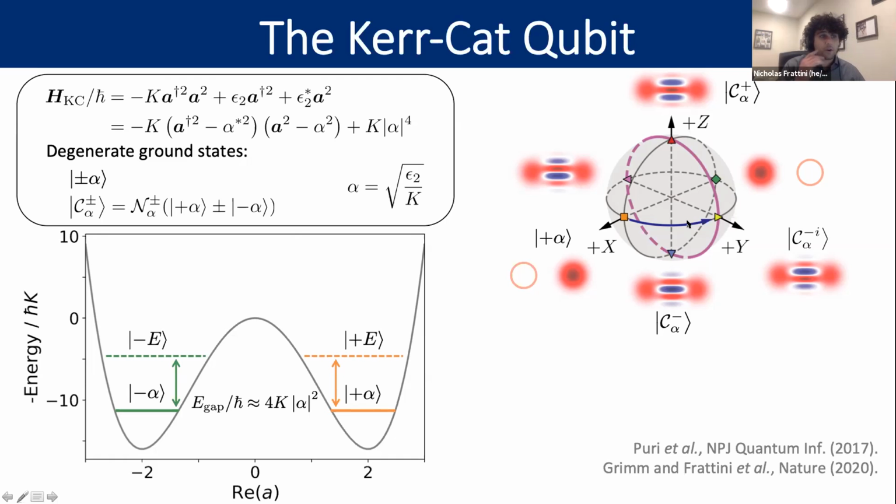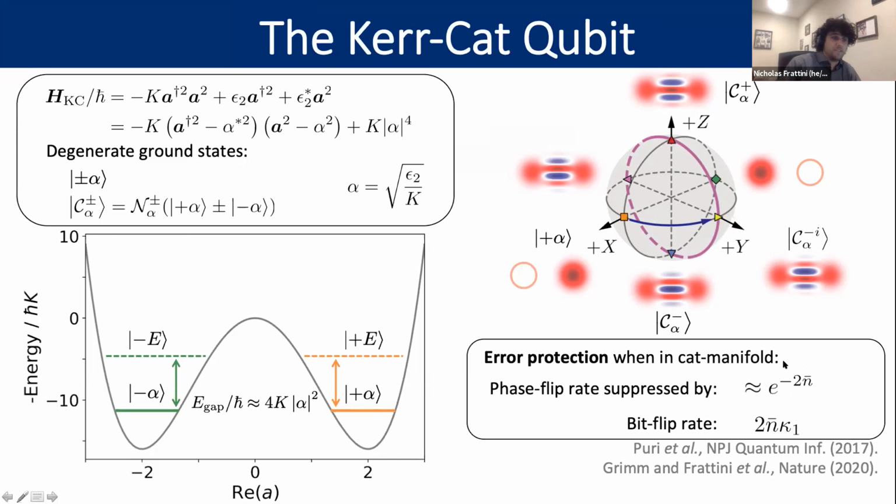And from here, we can already see the protection that this qubit can have. These 2 coherent states are far apart in phase space. So any noise that tends to jiggle them around or tries to move them, it's very difficult for the environment to take one to the other. And that is what actually gives us an exponential suppression of this bit flip, or of what I've called a phase flip rate here.